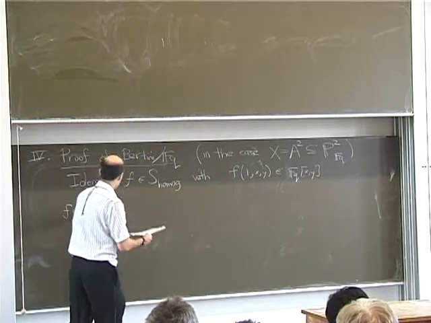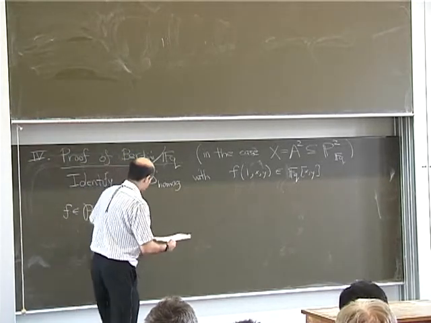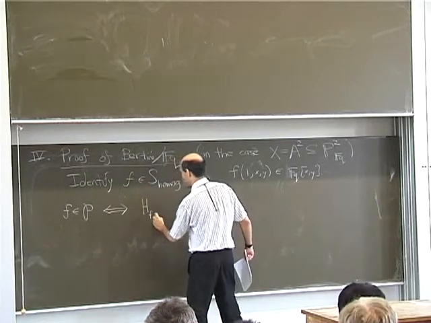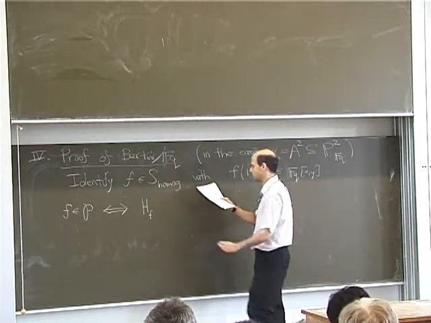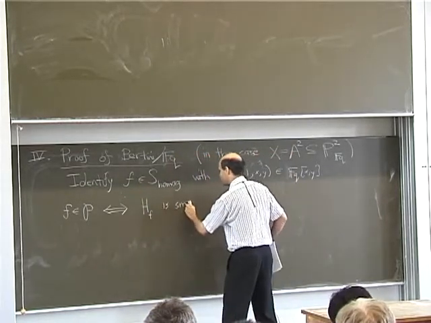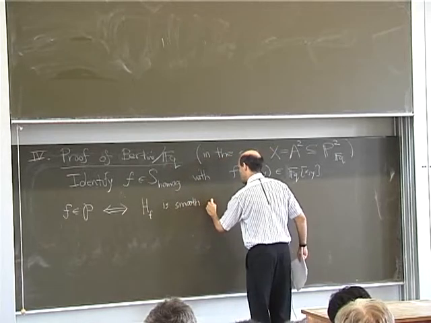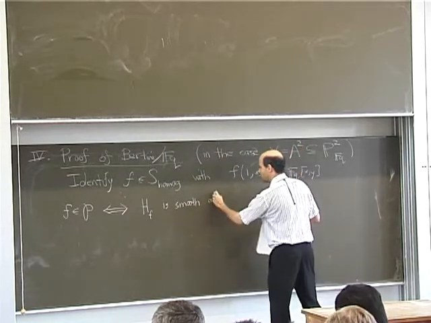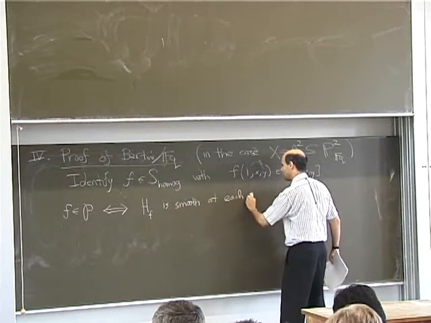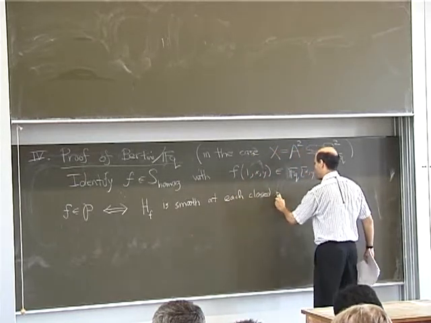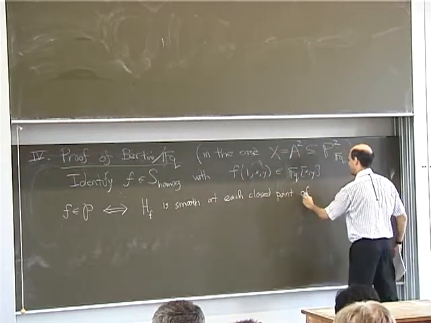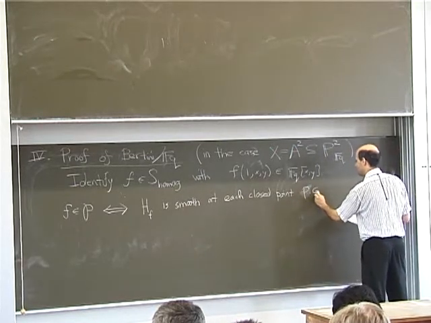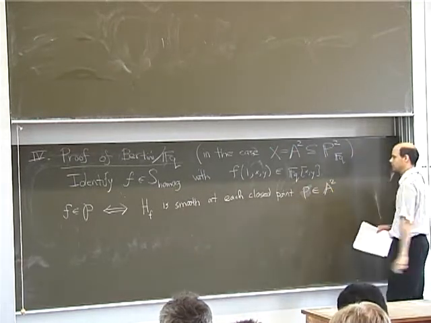To say that it's smooth, again, consists of infinitely many conditions, namely that the curve that f defines should be smooth at each closed point. So smooth means from now on smooth of dimension 1 at each closed point P of A^2 over F_q.